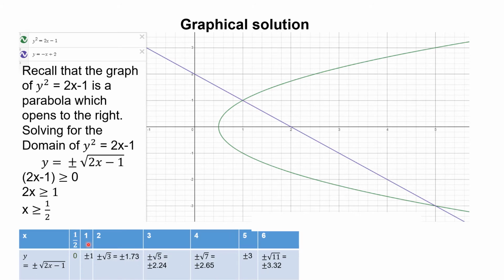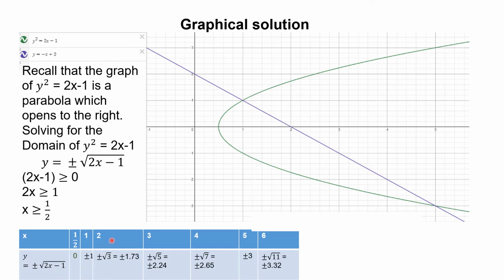So when x is equal to 1/2, we will have 2 times 1/2, that's 1, minus 1. When you take the square root, that's equal to 0. When x is equal to 1, we have 2 times 1 minus 1, that's square root of 2 minus 1. That will give us square root of 1. So plus or minus 1.